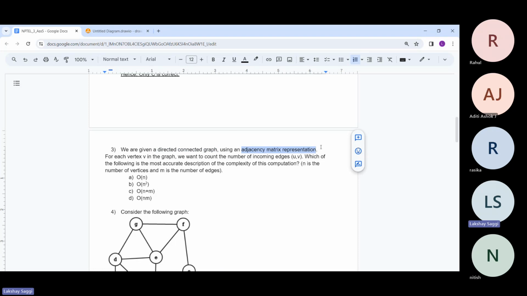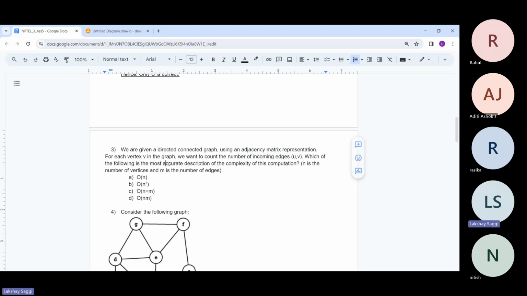Now the problem asks us that for each vertex v in the graph, we want to count the number of incoming edges. I hope everyone knows what incoming edges are.